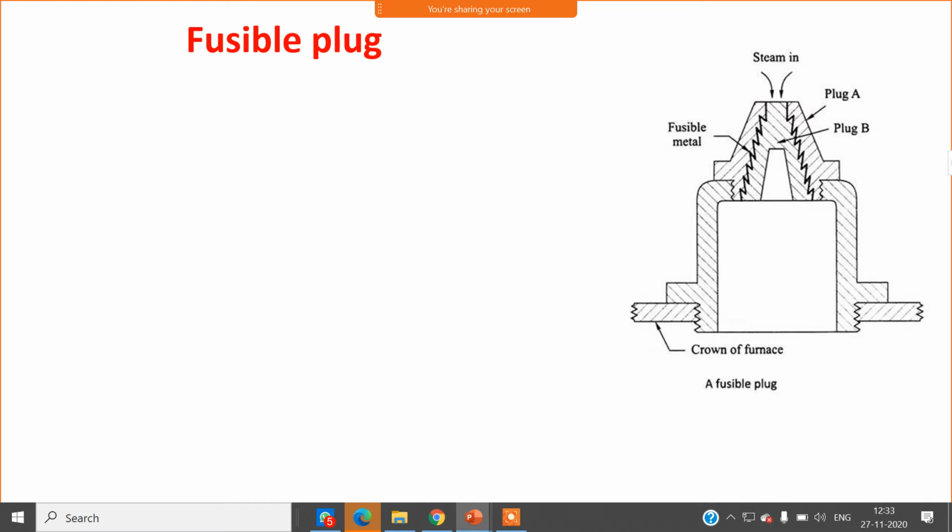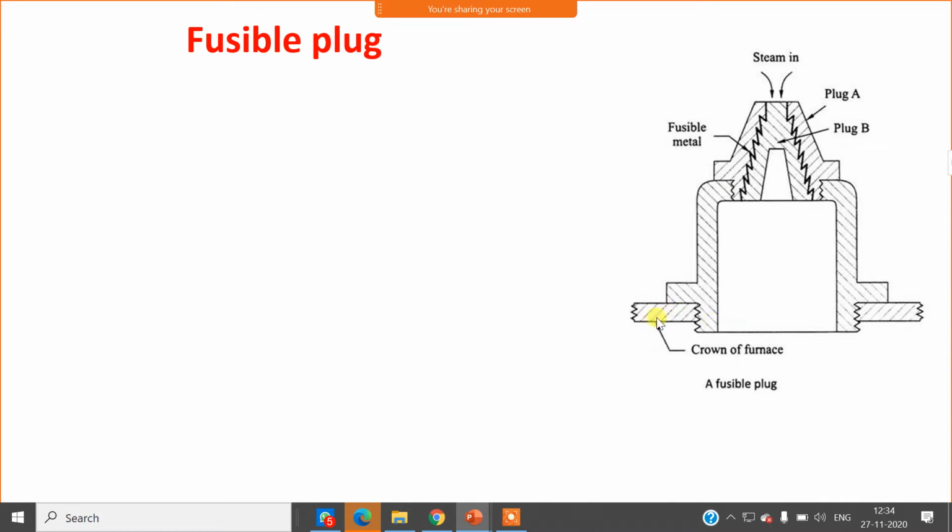Now the function of the fusible plug: when the water level in the boiler reduces to a very low level, then due to very high temperature, the fusible metal melts, or the fusible plug melts, and it creates an opening for water to enter the furnace and the fire extinguishes, and due to that, combustion stops. As the combustion stops, formation of steam stops.